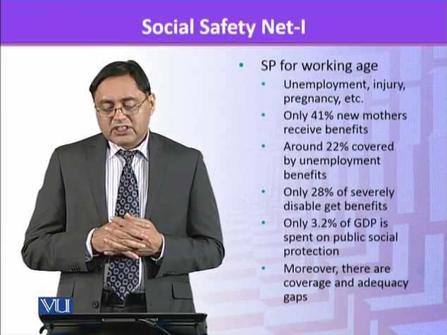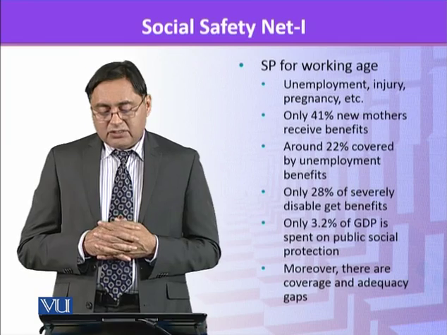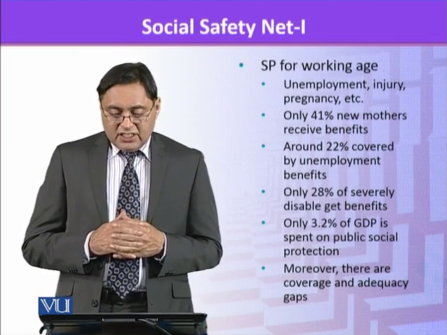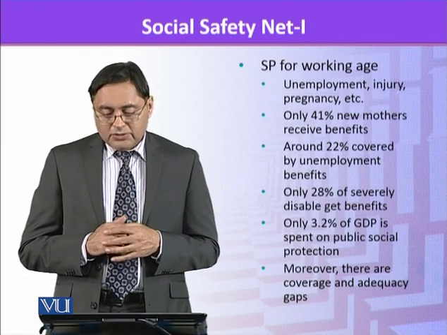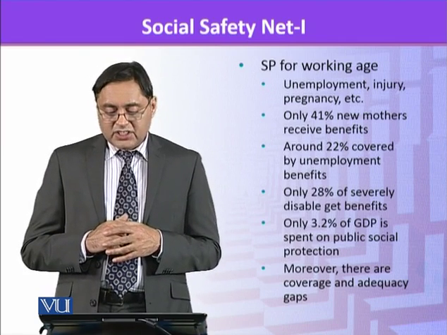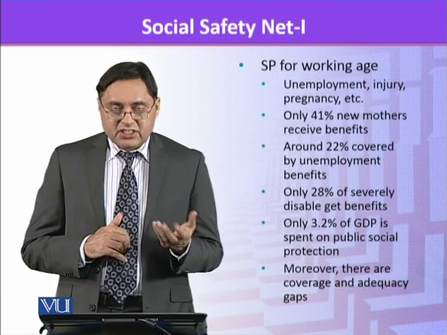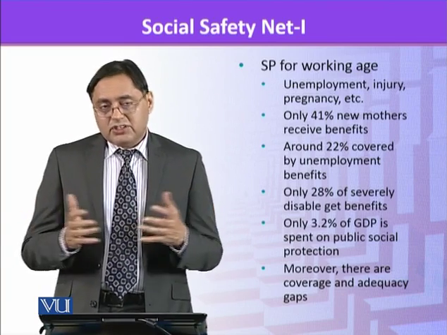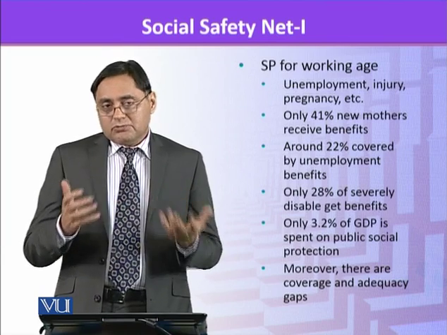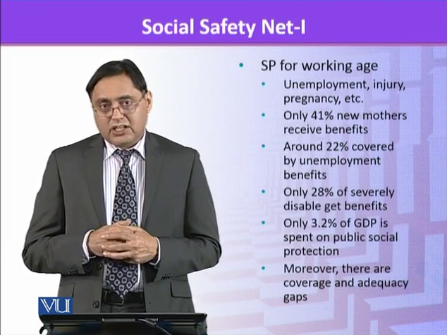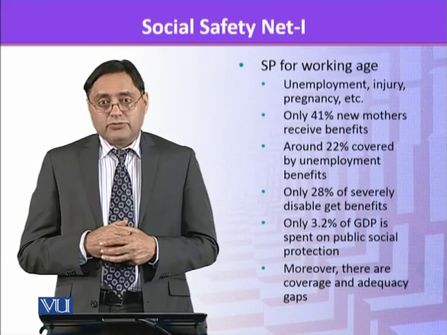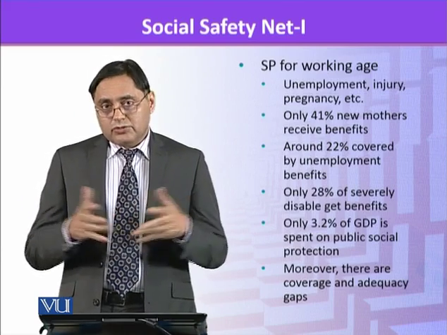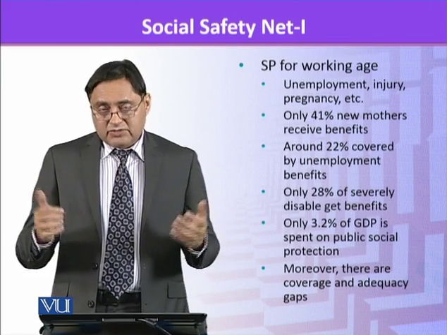So social protection for working age, and this is linked to unemployment, injury, pregnancy. Only 41% of the new mothers have this benefit. 22% receive unemployment benefits. So around 80% when they are unemployed, they survive on their own savings, or they have to ask their friends and families.